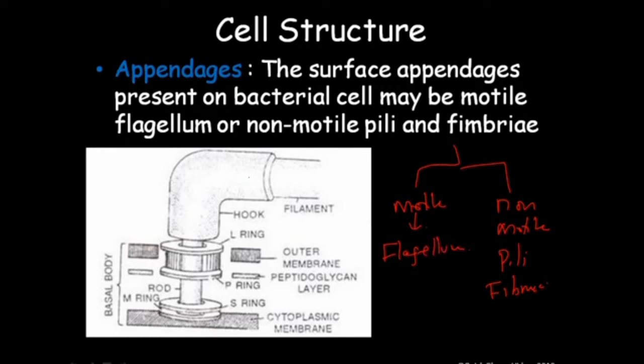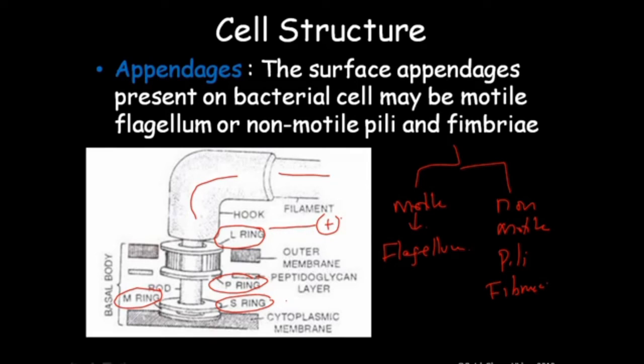Now the flagellum has three parts: the filament, the hook, and the basal body structure. In case of gram-positive bacteria, it connects to the outer ring with the help of the L ring and P ring, and to the inner membrane by the M ring and the S ring. So both sets of rings are present in gram-positive bacteria.